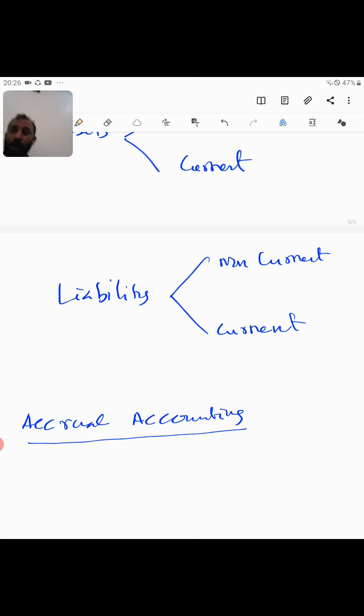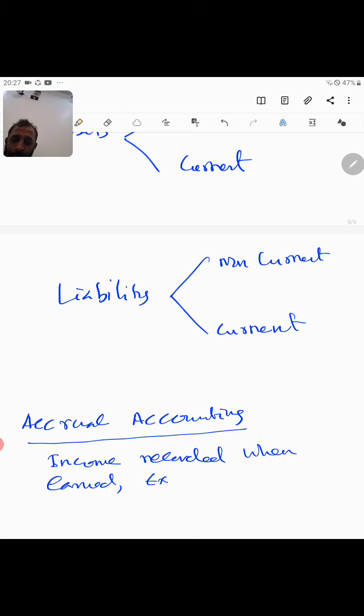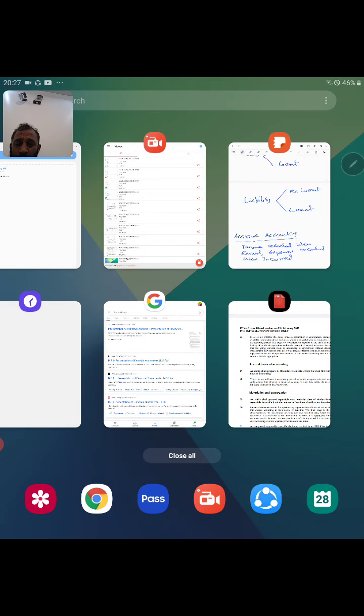So that's how we record our transactions in the financials. Income recorded when earned and expenses recorded when incurred. So that's about the accrual principle.